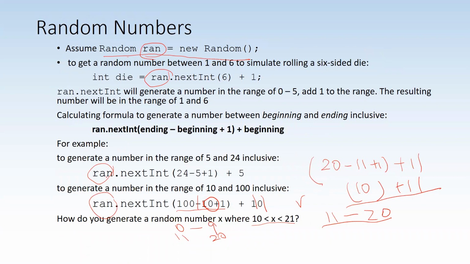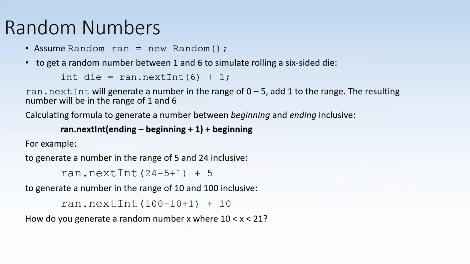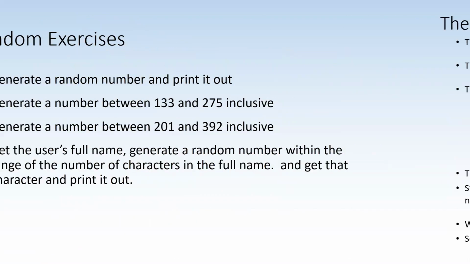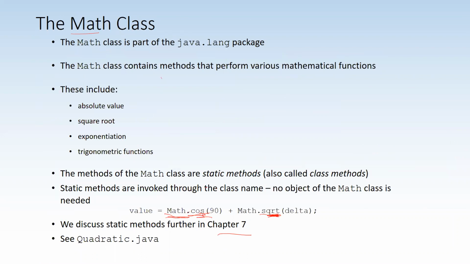Because all the methods, nextInt, nextFloat in random are not static. So you have to use an object to call it. While in math, all methods are static. That means you can use the math class name dot the method name. You don't have to create an object.